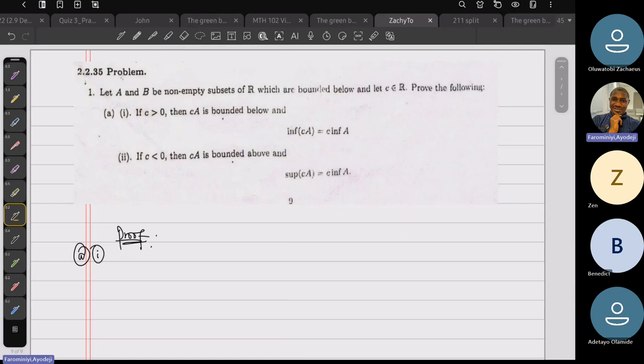So A has a lower bound. And so if A has a lower bound, by the axiom of completeness, we know that there is an infimum.